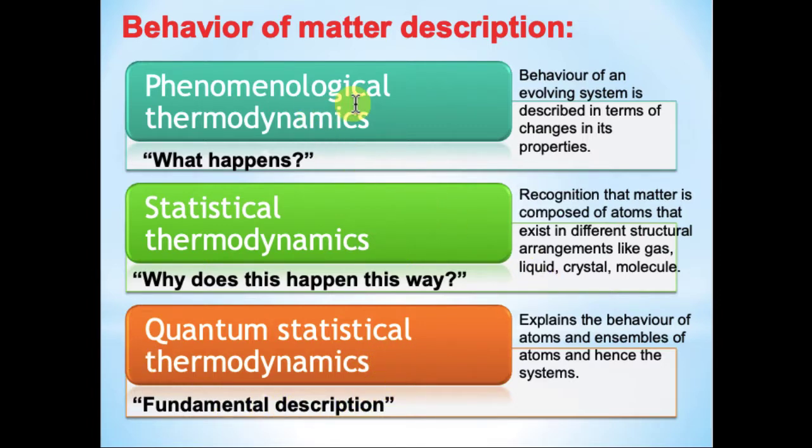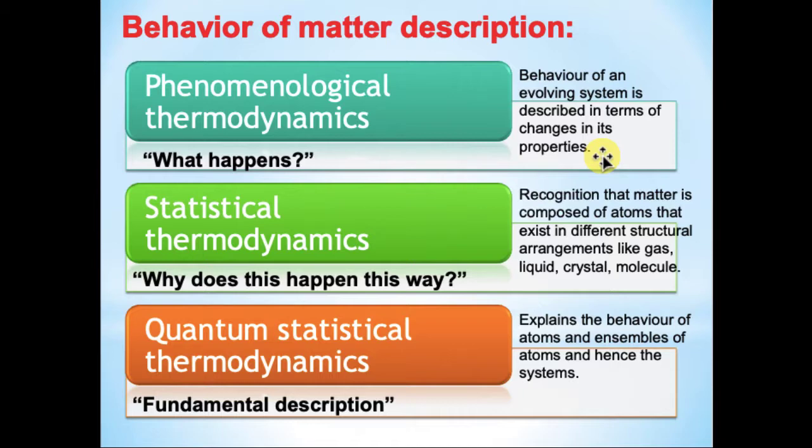The phenomenological description is one in which matter is treated like a structureless mud that possesses a set of properties like temperature, pressure, chemical composition, heat capacity, etc. The behavior of an evolving system is described solely in terms of changes in its properties.